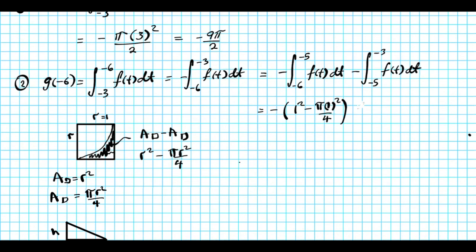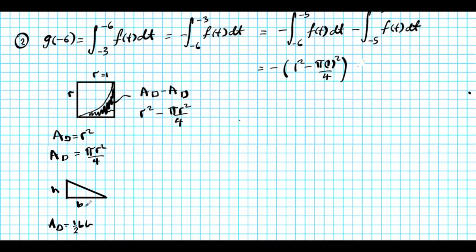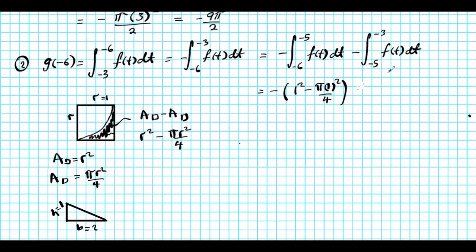All right, so the base is 2, and the height is 1. So now we're ready to evaluate this second definite integral right here. So we already distributed the minus, so we are not going to be adding the integral. So it's going to be minus 1/2 base times height, 1/2 base of 2 times the height of 1.